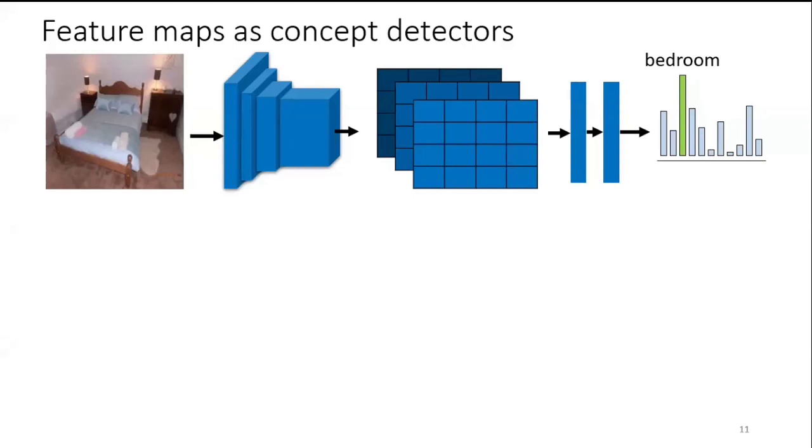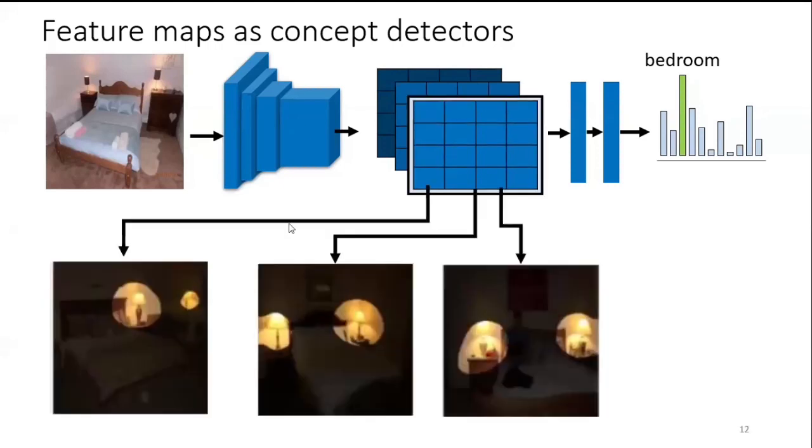I'll just show it schematically. This is an image and it's been recognized as that of a bedroom. Suppose we select this particular feature map, and we see that it has very high values for lamps. Once it detects lamps in an image, it activates very highly.